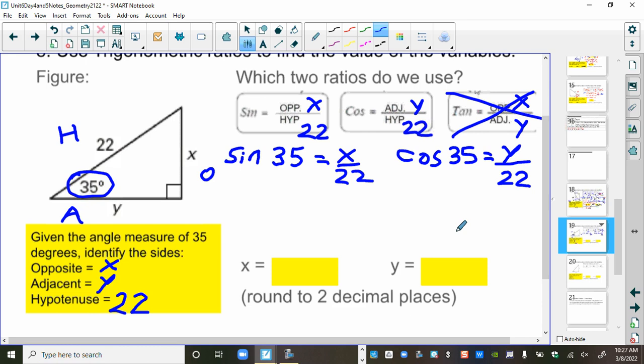Excellent job. Anybody else want me to check their work? Again, really only one step you need to take off of these two, for both the sine and the cosine. There's only one thing you really have to do. Alex, you want me to check your work? How you doing, Andy? Yes, sir. Good job.